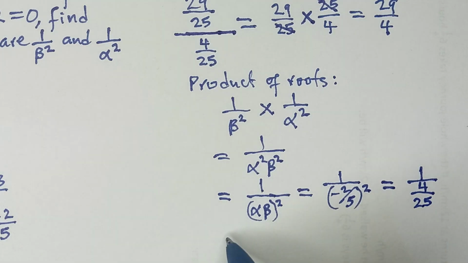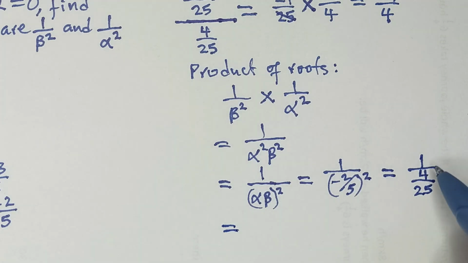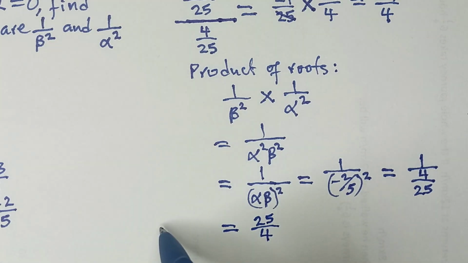Don't forget this is like the inverse of 4 over 25. Because of the 1, it's like the inverse of 4 over 25, and the inverse of 4 over 25 is 25 over 4. So this is the product of the roots.